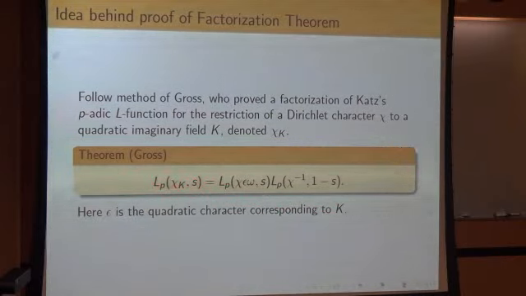You have to put this into a two-variable family that has special values, and then you specialize back down outside the range of interpolation to get this left-hand side. So this again cannot be proved by classical interpolation, because the L function of a character of a quadratic imaginary field that's the restriction of a Dirichlet character factors, again, as two Dirichlet L functions from the Artin formalism, but that's not how you prove this.